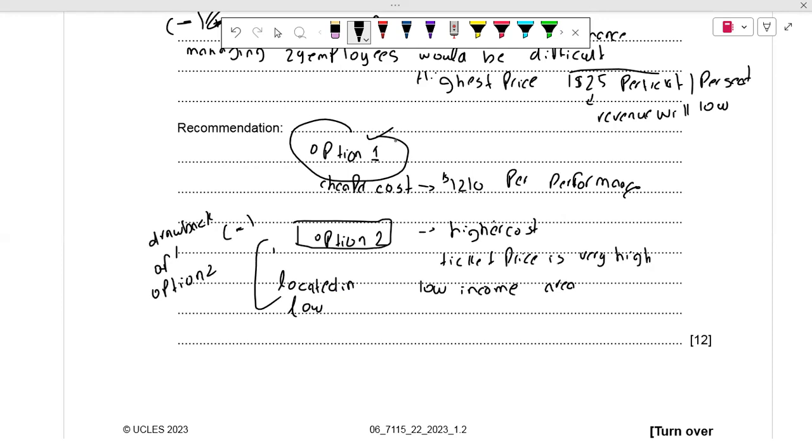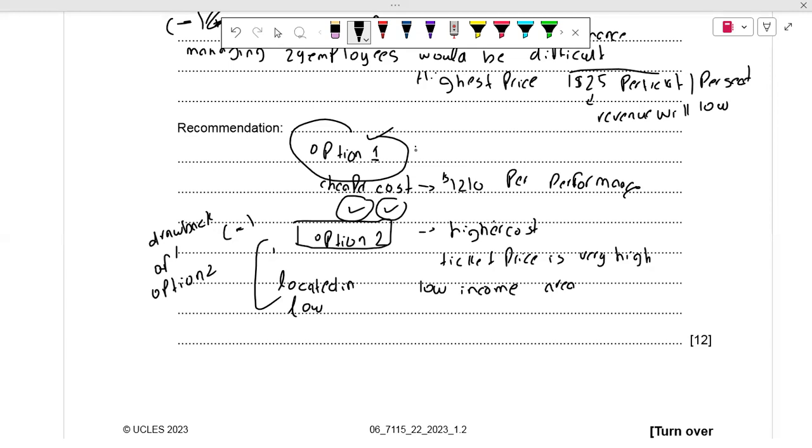Try to write 2 points related to supportive arguments, and after that talk about the second option and write some negative comments, at least two, on why option 2 is not successful and why option 2 is not a winner according to you.